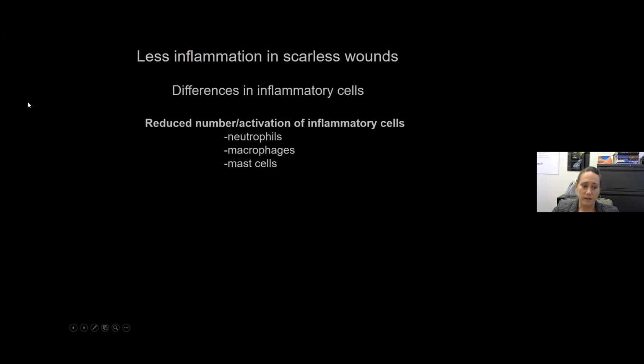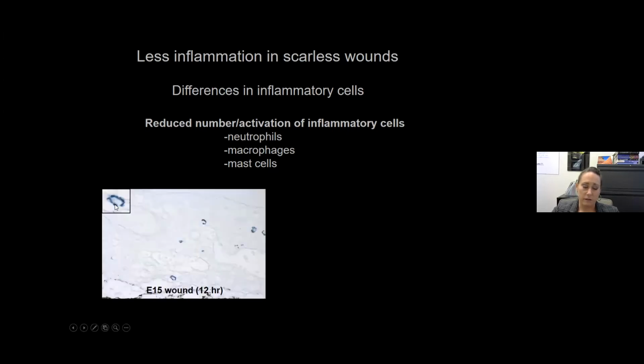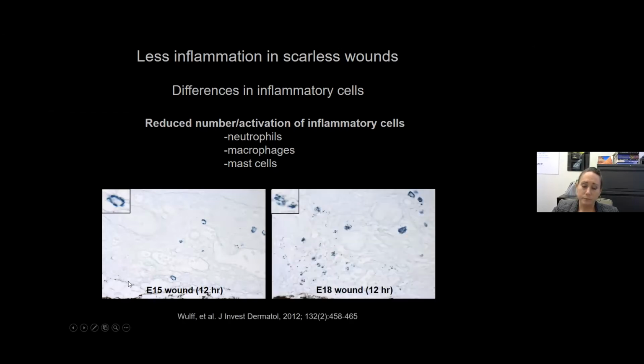This is an E15 wound, the wounds that heal scarlessly. And you see that the mast cells are retaining their granules. They're not becoming activated even after injury in E15 skin. But in E18 skin wounds, you see a lot of mast cell degranulation in the area of injury.